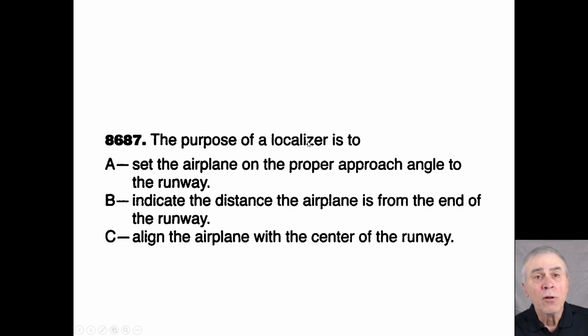So localizer basically gets you on the right location, not necessarily the right angle. So distance, no, and that is of course C. To align the airplane with the center of the runway. To locate, localizer, the airplane to the center of the runway.